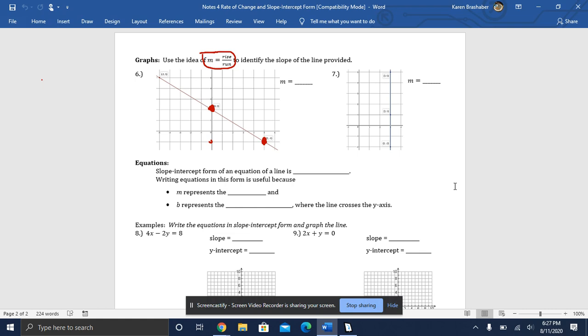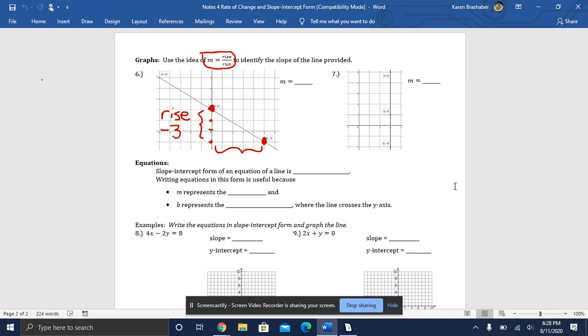And so I'll be counting down 1, down 2, down 3. And so this is what we might refer to as a rise, but actually counted down. So it's -3.